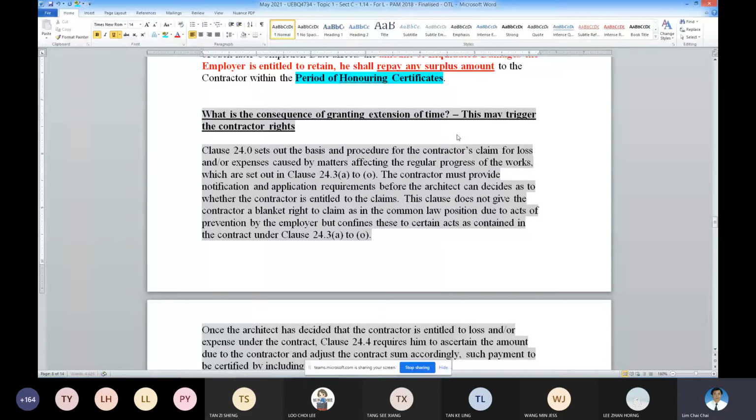But not all of them can claim for loss and expense. The word here is may. The word here is may trigger.